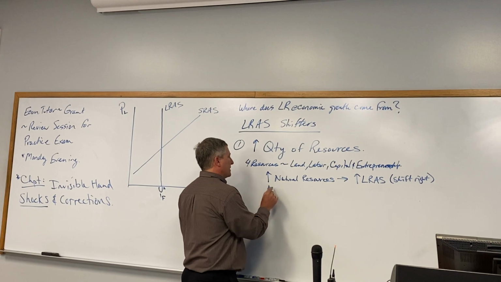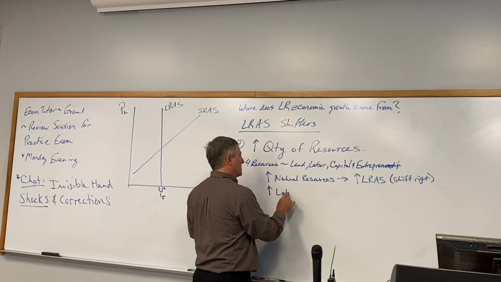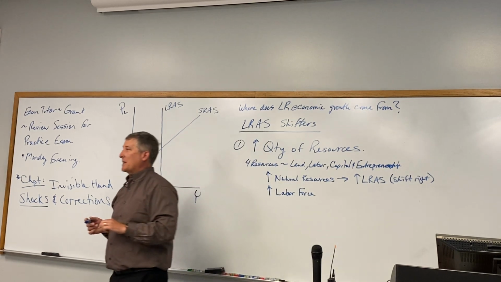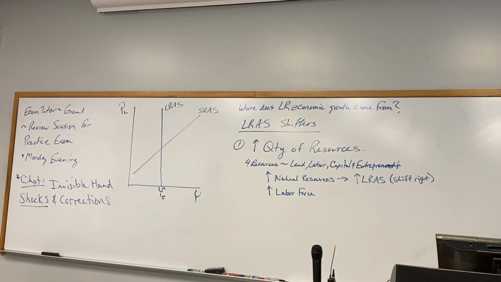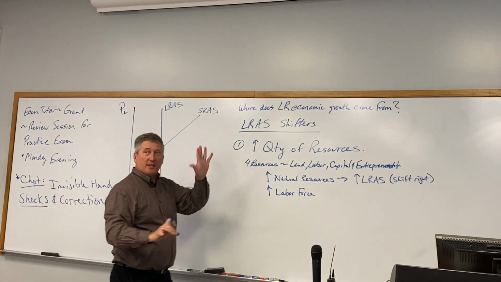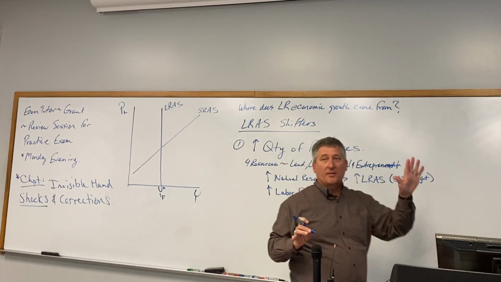An increase in the labor force. Since we got the midterm coming up next week, what's the labor force? Who's in the labor force? What do I got, Tim? People above 16, yes. I want to tighten that up though. So the working age population, so we got the total population of the United States. The working age population is those 16 years of age and older.